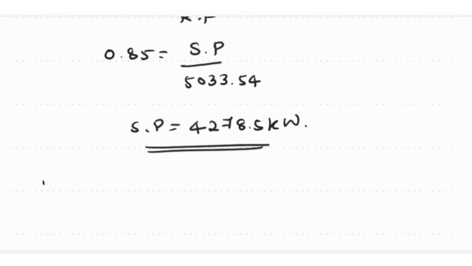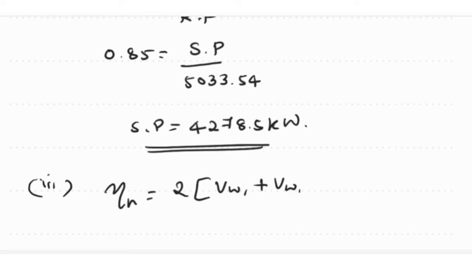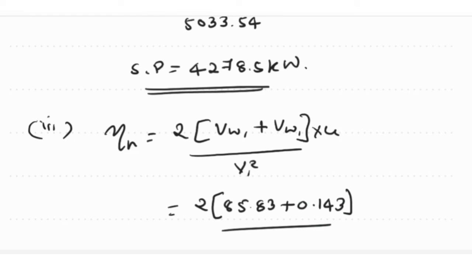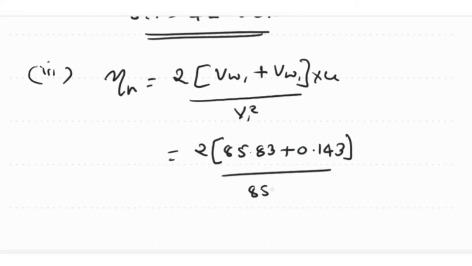Moving to the third part, the third question is calculation of hydraulic efficiency. So hydraulic efficiency eta H is equal to 2 into (VW1 plus VW2) into U divided by V1 square. So calculating, 2 into (VW1, that is 85.83, plus VW2, that is 0.143) into U, divided by 85 square... into 38.62.